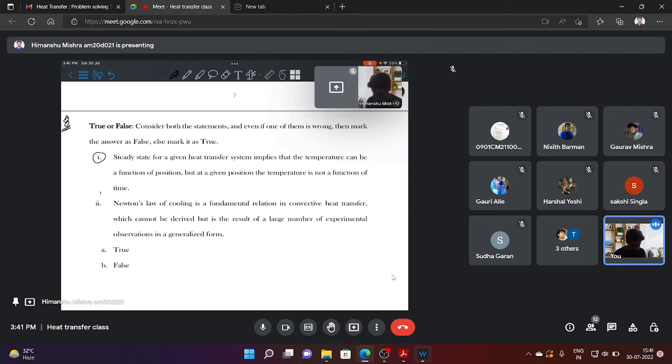The first statement tells us that the steady state for a given heat transfer system implies that the temperature can be a function of position, but at a given position the temperature is not a function of time.